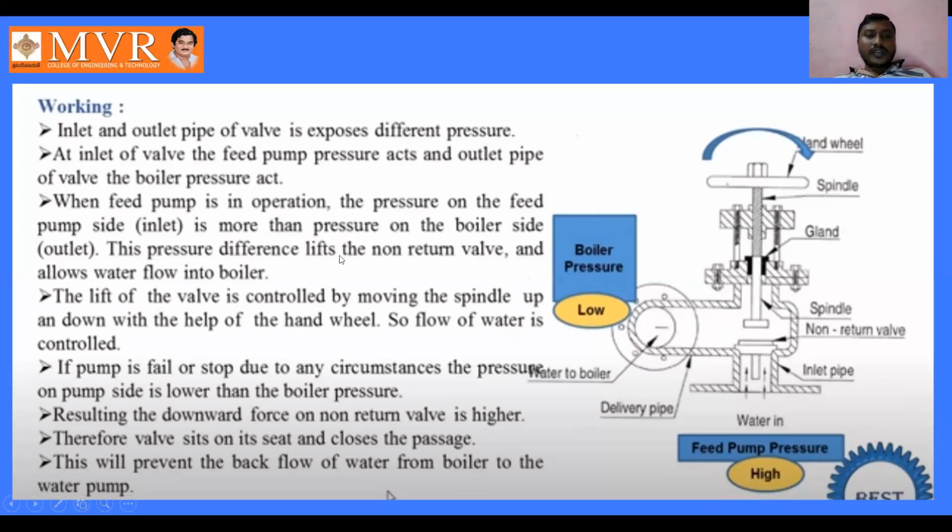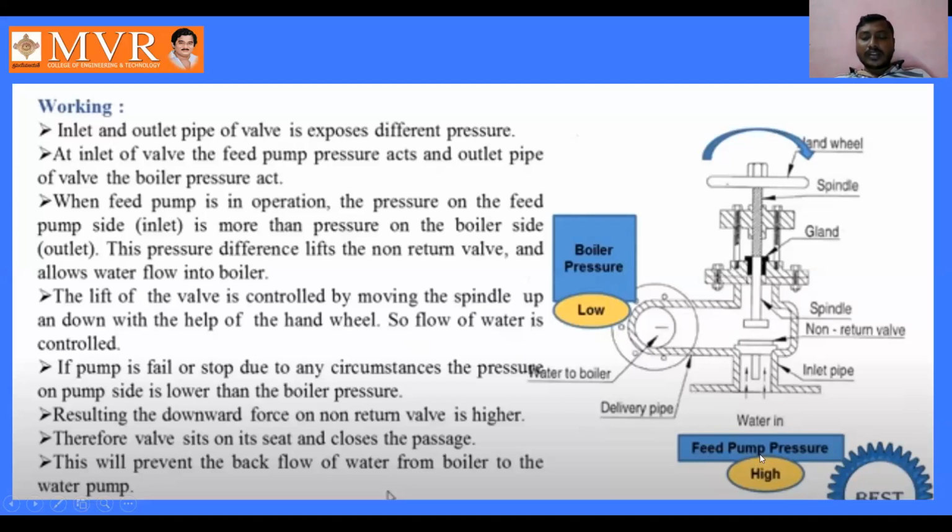We have the pressure difference: at the outlet we have the boiler pressure, and at the inlet we have the feed pump pressure. The boiler pressure is low, and the feed pump pressure is high.